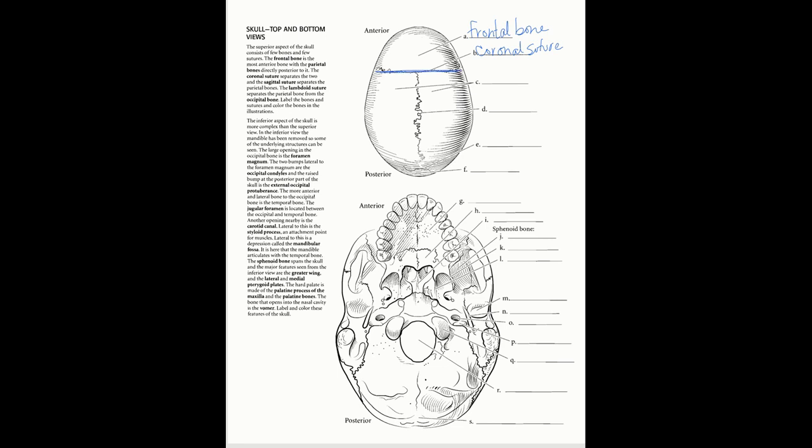Okay, so here's the front, here's the back, right? We then have C, which are our parietal bones, because we have left and right. And D, which is our sagittal suture.